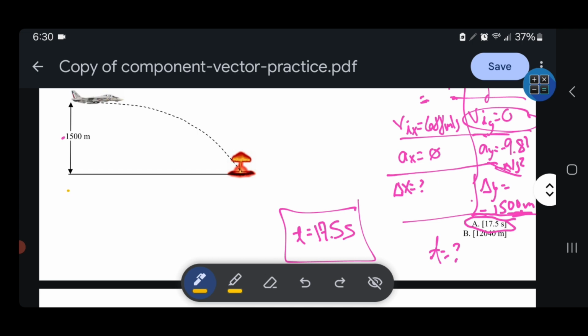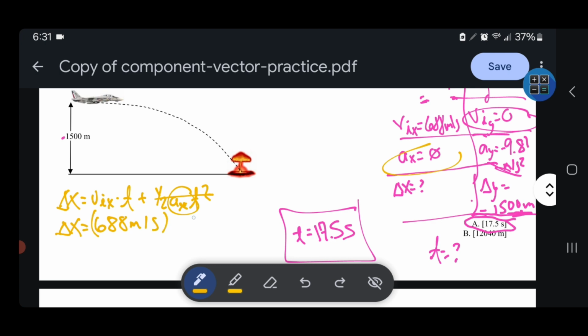But because your acceleration in the x is 0, that second part of the third kinematic drops off, and we get delta x is equal to v initial in the x times time, which makes this one very easy to solve. We will, again, put acceleration at 0, that drops off, and then for time, you're going to plug in that 17.5 seconds that we just found.